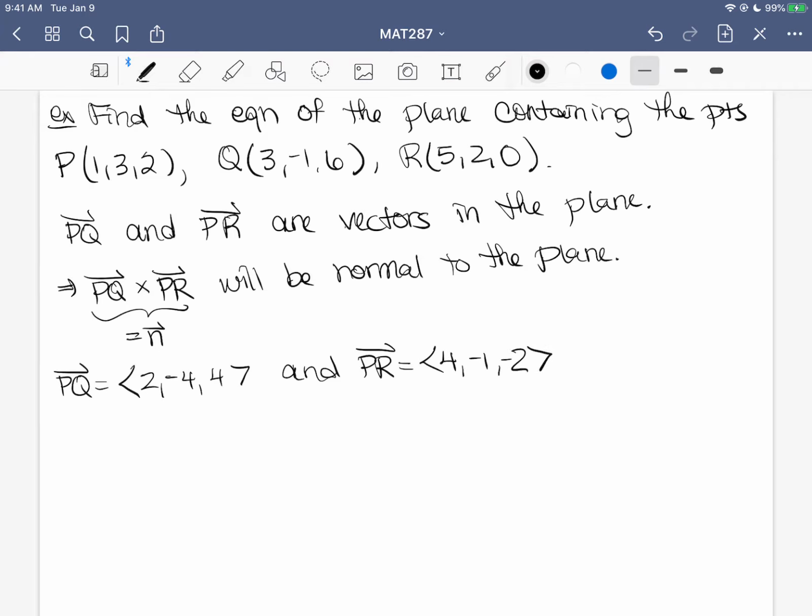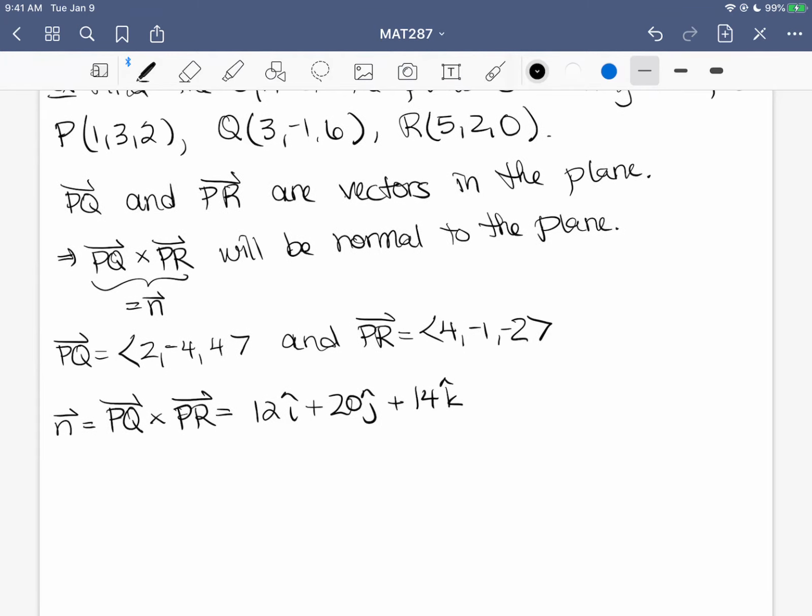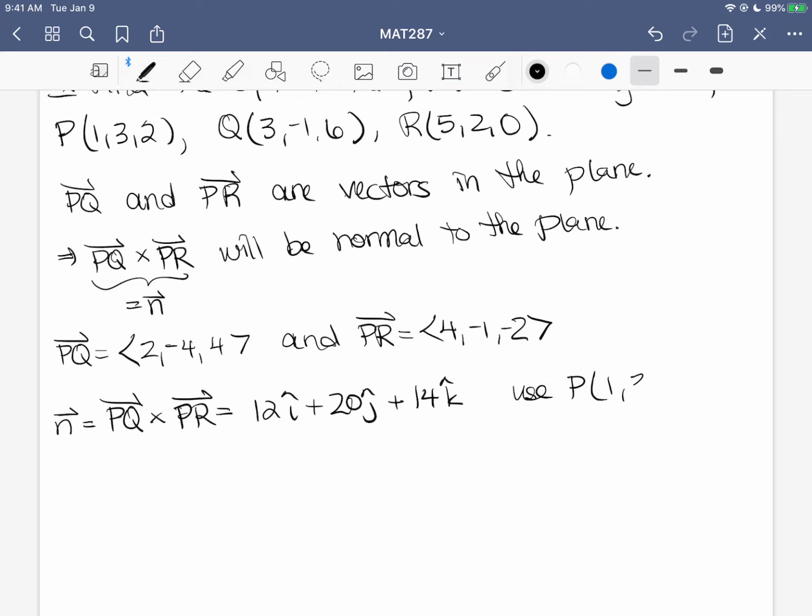Now, for the sake of your attention span and time, I'm just going to tell you that if I cross PQ with PR, what I get is 12i plus 20j plus 14k. Now you should double check that, but I'm not going to show you the work here. And now I've got my normal vector, and I just need to pick a point. Let's use P as my point and n as my n.